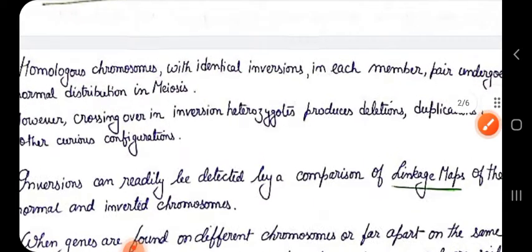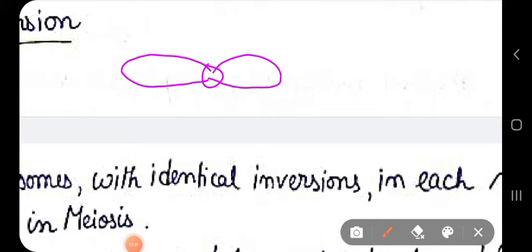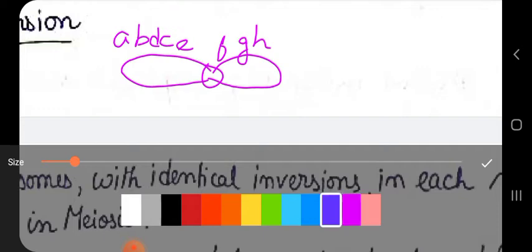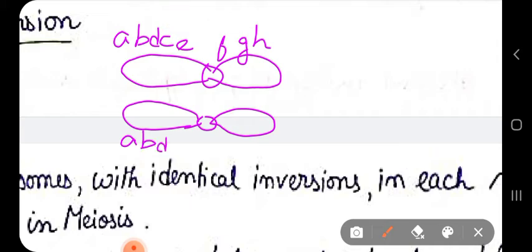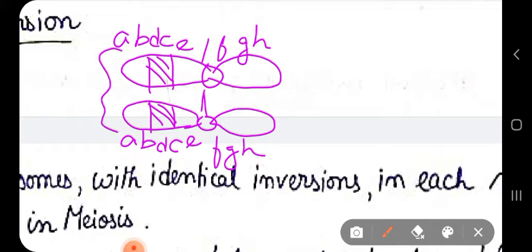For example, suppose this is one chromosome from the homologous pair having the sequence A, B, D, C, E, F, G, H. And this is another chromosome of the homologous pair having the same sequence, the same inverted region, A, B, D, C, E, F, G, H. So they have the same inverted segment, that is D C. During meiosis, these chromosomes from the homologous pair will undergo normal distribution.